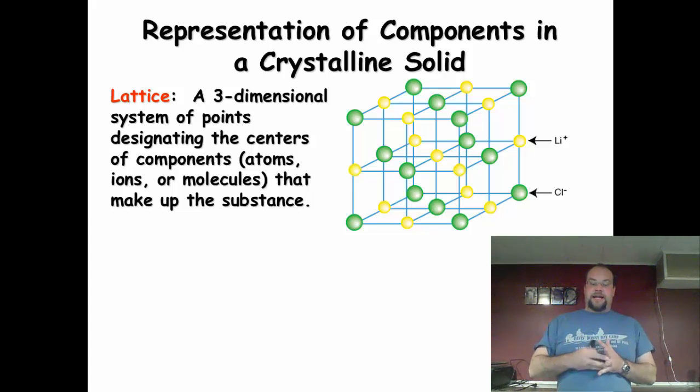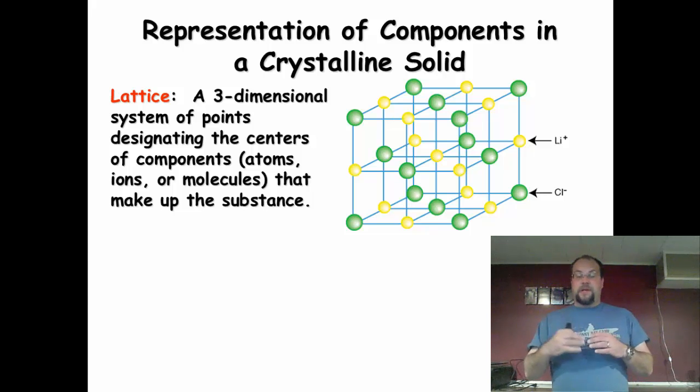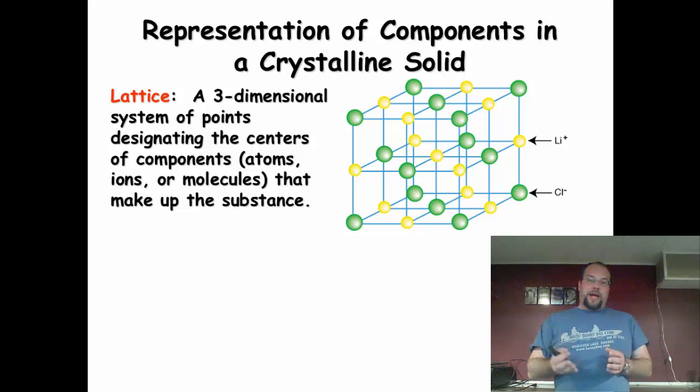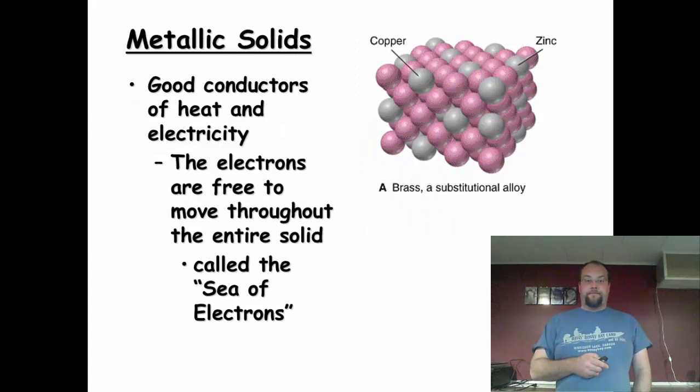The Li is positive and the Cl is negative, so you're going to have a very strong attractive force. Remember, dipoles and hydrogen bonding are between partial positives and negatives. These are full positives and full negatives, so these are very strong. We would call these ionic bonds, and they make up a crystalline solid, so they're very orderly and things like that.